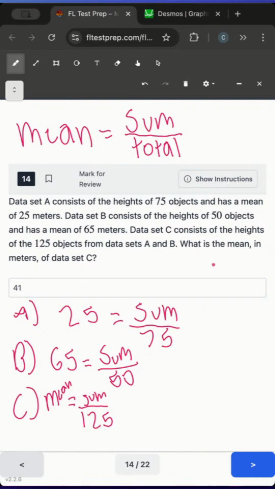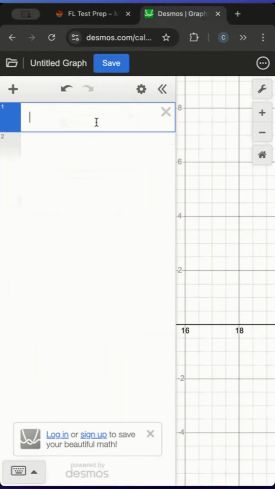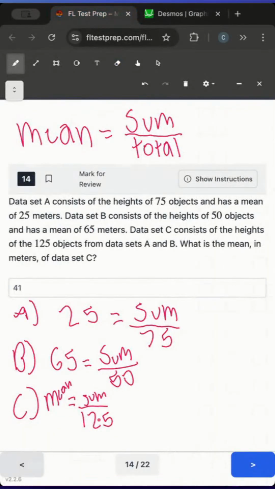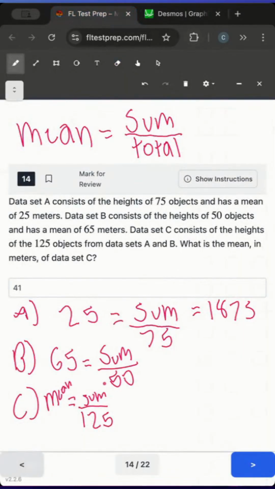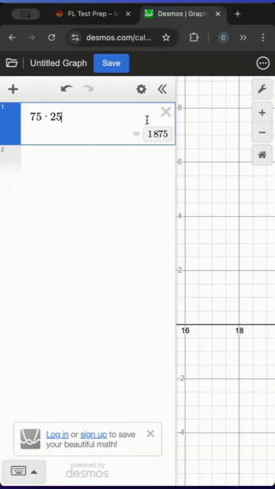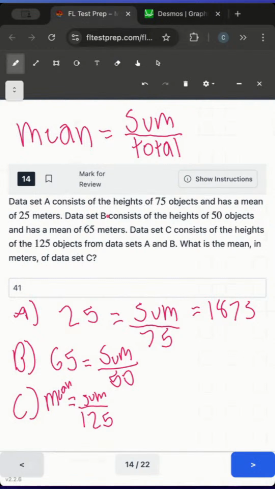We need to find the sum of A, which would be 75 times 25. That'll be 1875. So the sum of A is going to be 1875. That's correct. Let's find the sum of B, which would be 50 times 65. So 50 times 65 is going to be 3,250.